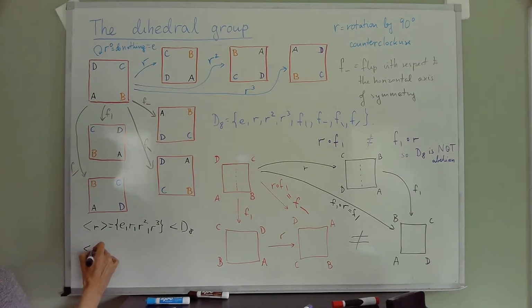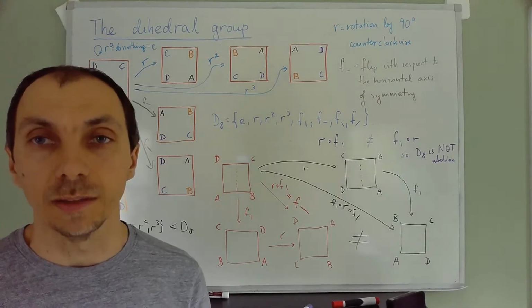Inside this subgroup I have another subgroup generated by R squared. So that's E and R squared only, right? Because if I square this, I get R to the fourth, which is the identity. So that's a cyclic subgroup inside. Each of the flips, for example, gives you a cyclic subgroup that consists only of the identity and that flip.